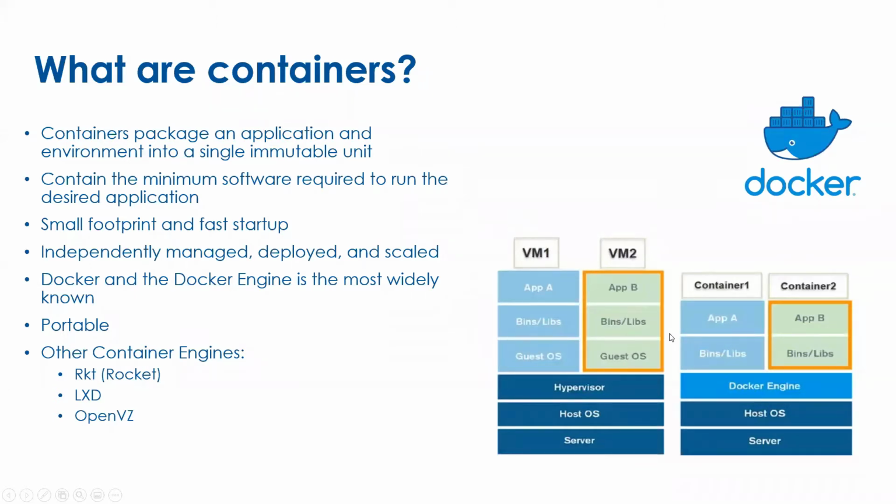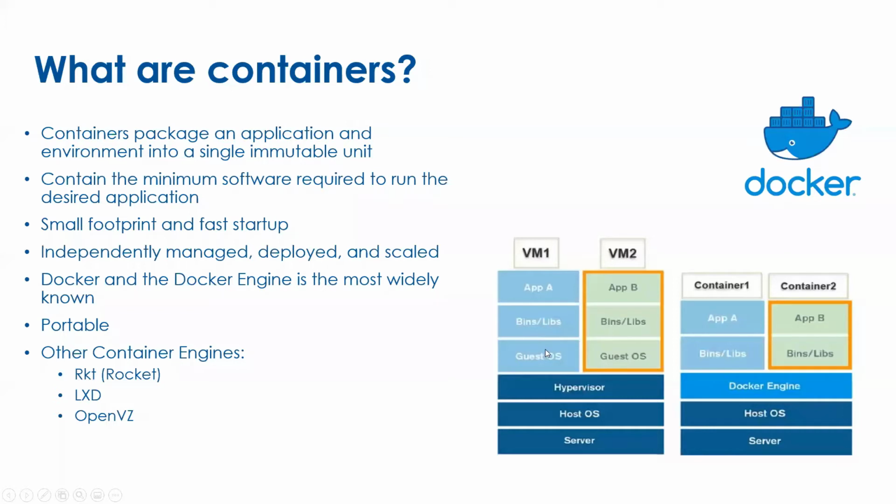And just to point out the overall difference here, if you look at the virtual machine architecture, you'll have your main server, the host OS, then some type of hypervisor, and then on top of that, full guest OSs. So in this example, you'd have a Windows virtual machine running on some type of hypervisor, with all of the binaries and libraries to run Windows, but maybe it's only running really small apps.